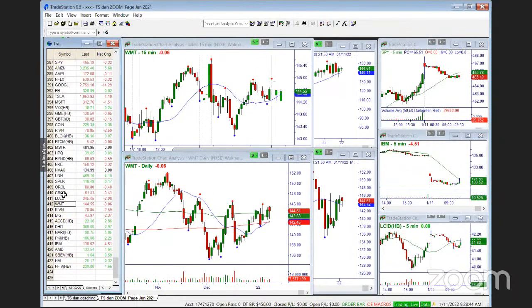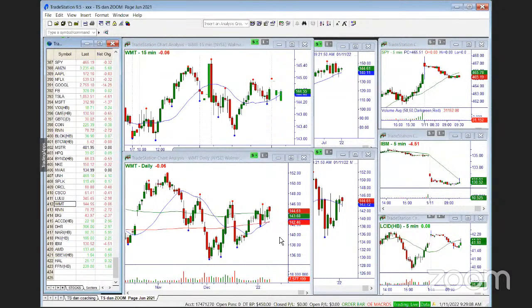Walmart. Debbie loves triangles. She would tell us which one this was if she were here. But it's an ascending triangle with slightly lower pivot high tops, so a little bit of a symmetrical triangle feel.